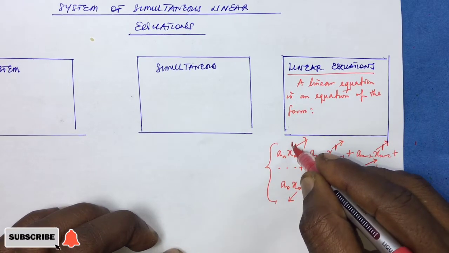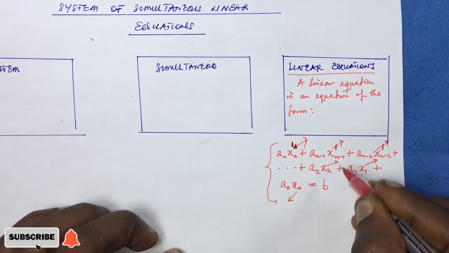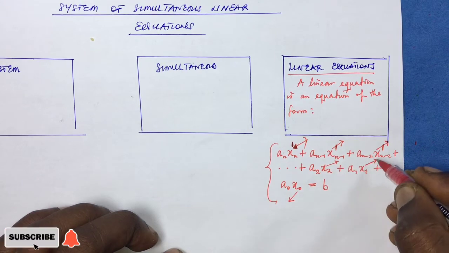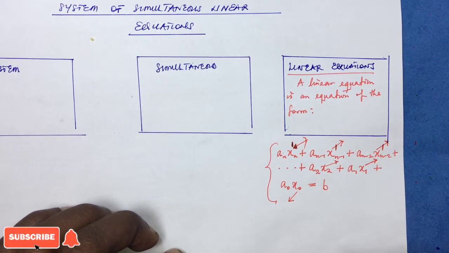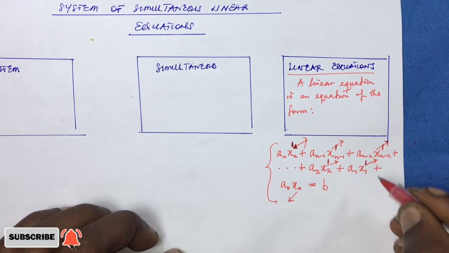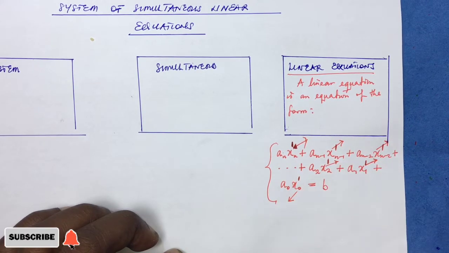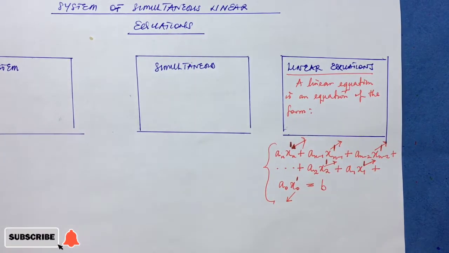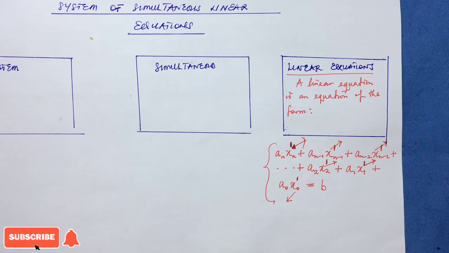The power of x_n is 1, the power of x_(n-1) is 1, the power of x_(n-2) is 1, the power of x_2 is 1, the power of x_1 is 1, and the power of x_0 is also 1. So in a linear equation, which must be an equation, the power of the variables involved must all be 1.